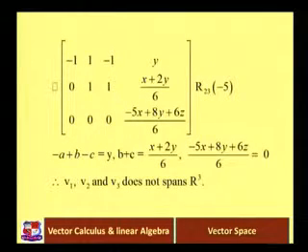So the matrix becomes -1, 1, -1, Y; 0, 1, 1, (X plus 2Y) by 6; and 0, 0, 0, (-5X plus 8Y plus 6Z) by 6.